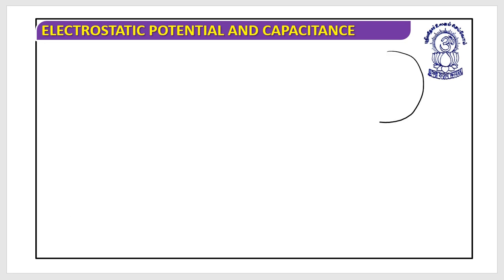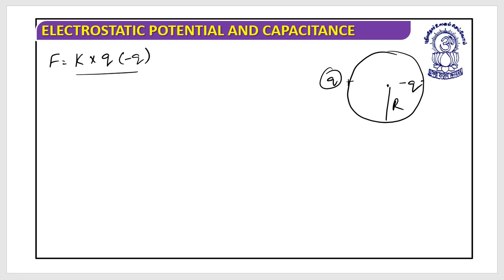This is the situation that these two charges are there. This is q, this is minus q, and the radius is r. So how can I find out the kinetic energy? The electrostatic force between these two is k into q into minus q divided by the square of the distance. It's 2r, so this is 4r square.